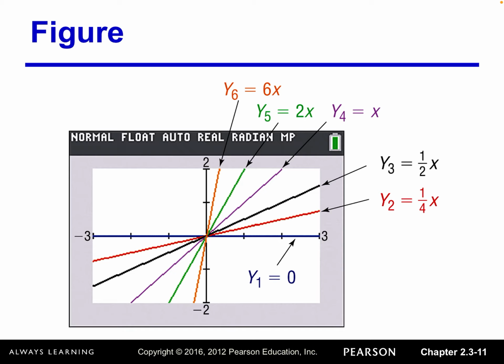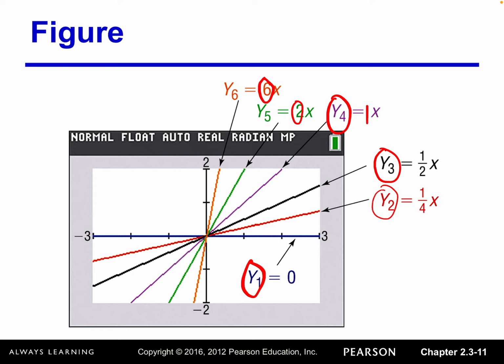Let's compare this group of increasing lines. They're all going uphill, but the value of slope is different. You can see y1, which is a horizontal line, has slope 0. y2 has slope 1/4. y3 has slope 1/2. y4 has slope 1. y5 has slope 2. y6 has slope 6.